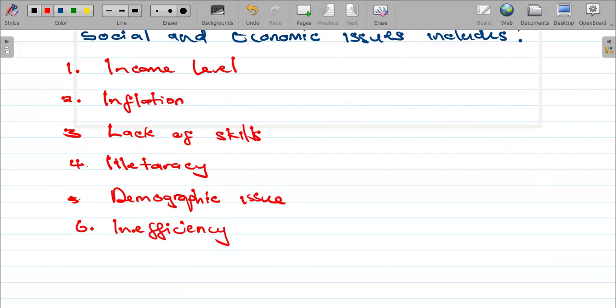So these are the social and economic issues, to mention a few.